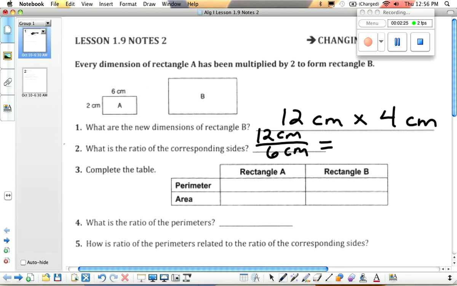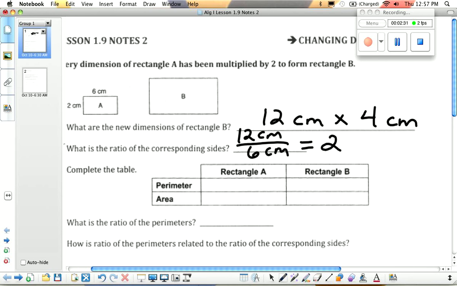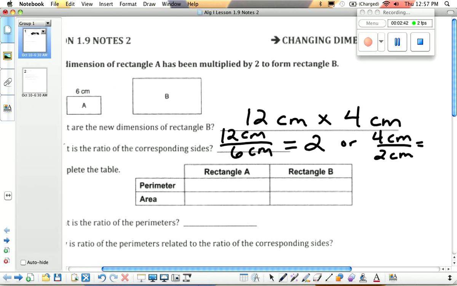And that comparison is actually 2, isn't it? Or we could compare the widths. Well, the new width is 4, the old width is 2, and that also equals 2.